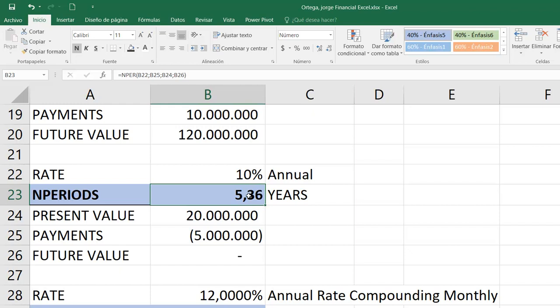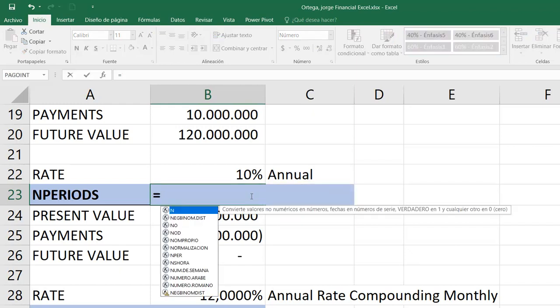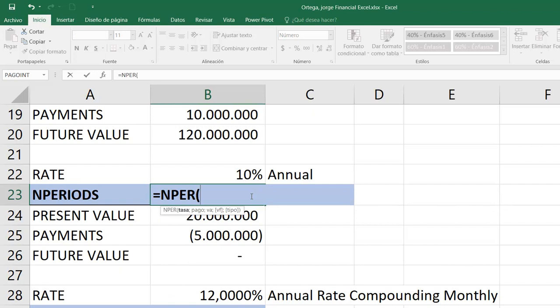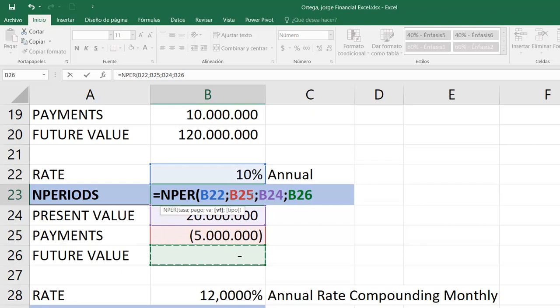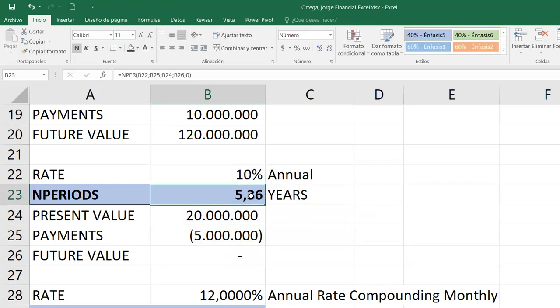So you will need 5 years. And the formula is very simple. Again, you select the rate, select the payment, the present value, and future value actually is 0 in this case. And 0, close parentheses. 5 years.